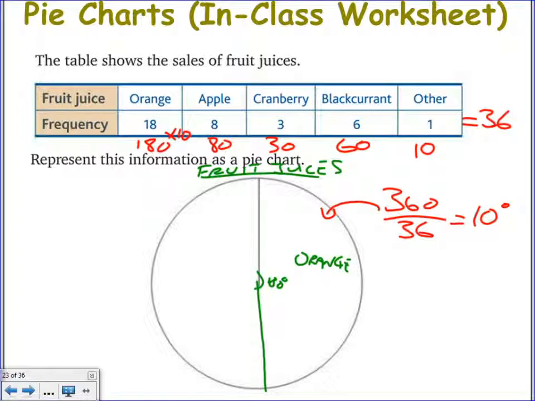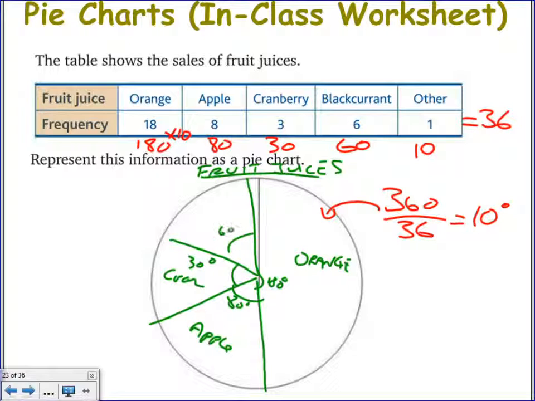Good. Everyone just about got it. So you should have 80 degrees for apple, so apple should be roughly over in that direction. 80 degrees apple. Then we've got cranberry 30 degrees, roughly that way. 30 degrees cranberry. Then you've got 60 degrees up there, and that's blackcurrant.